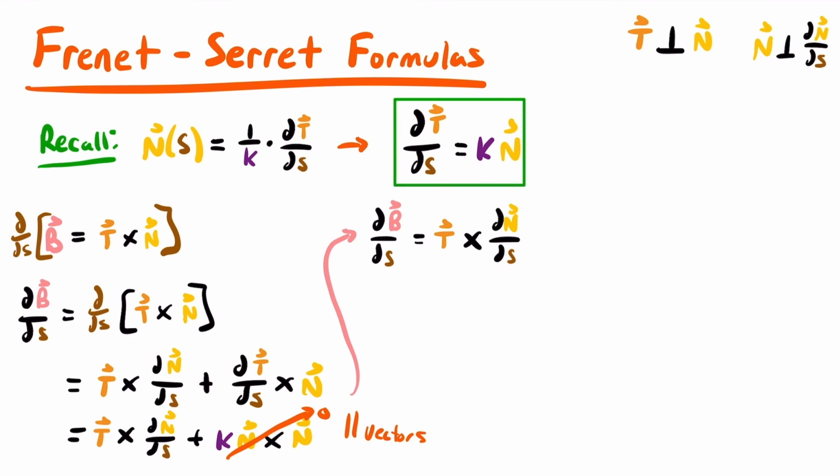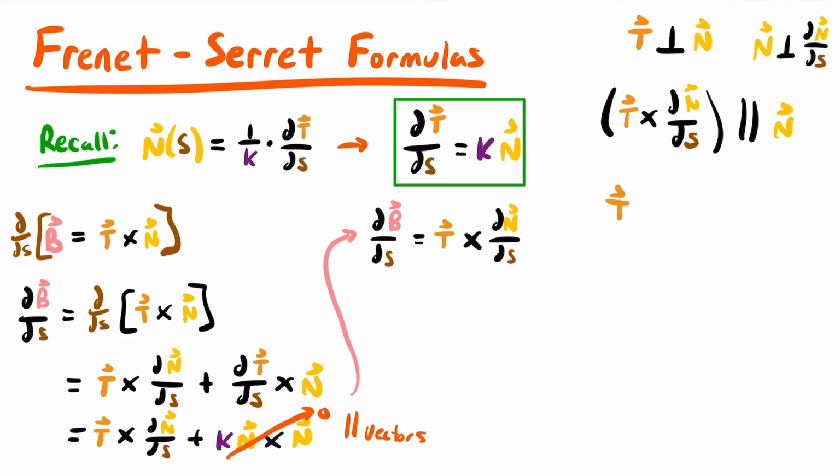All right, so here's what we know. We know that the cross product between T and dN/ds is parallel to N. All right, which means that it would also be parallel to any scalar multiple of N, because multiplying a scalar by a vector does not change its direction. So this cross product is parallel to N, which means that it would be equal to N multiplied by some scalar value.